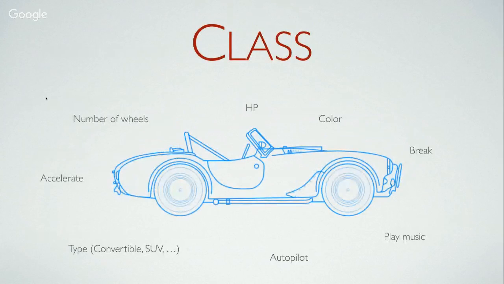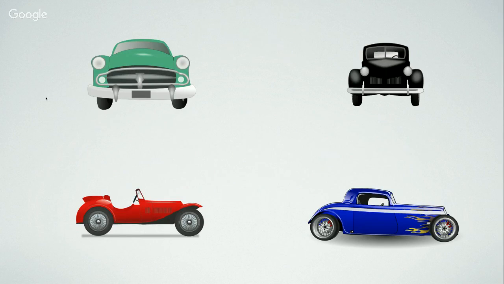So this is very important, and we've already covered three very important terms. Now, what is an object really? An object is nothing else but a so-called instance of a class. And so we have different instances here of the same class car, but with different properties, but mostly the same functions.